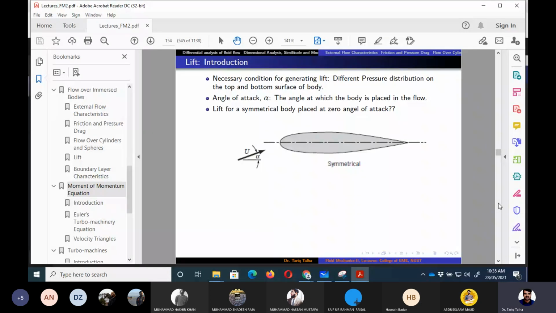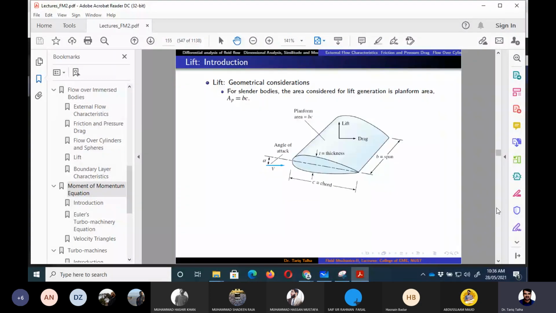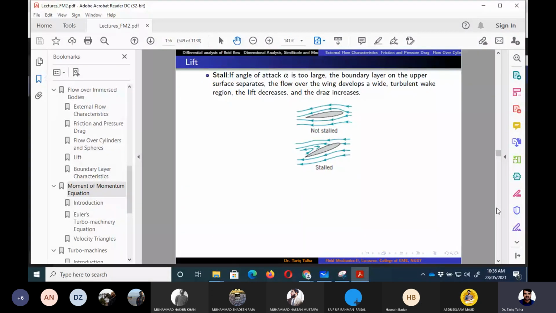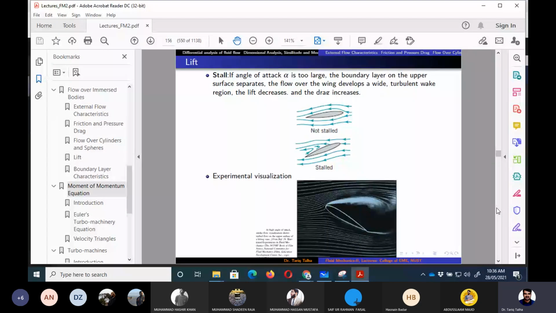So we discussed what is angle of attack. Angle of attack is the angle between flow and the chord length. Chord length is basically the line which joins the leading edge and trailing edge. And then we discussed the concept of stall, where we have quite higher angle of attack, due to which the boundary layer separates very drastically on the upper side, and due to that we have very high drag.